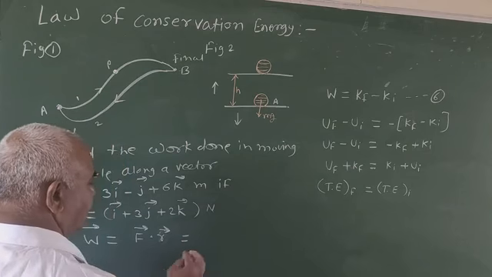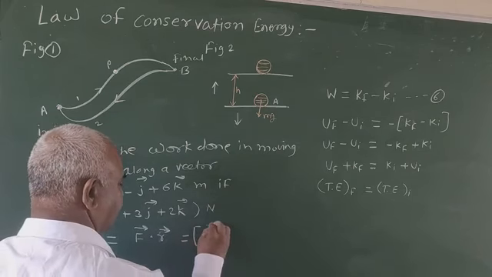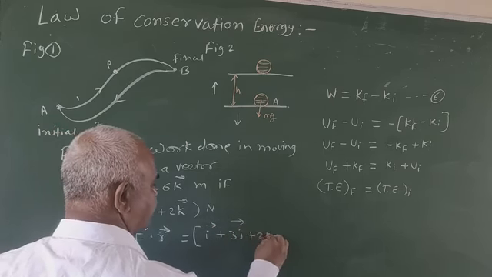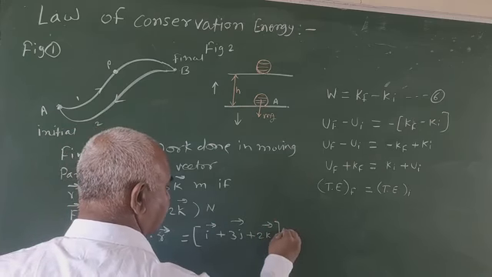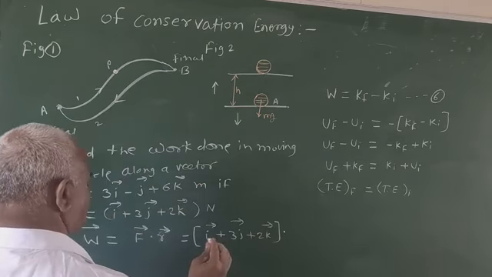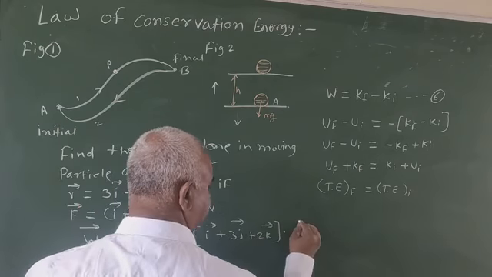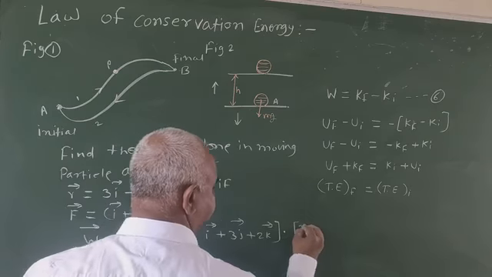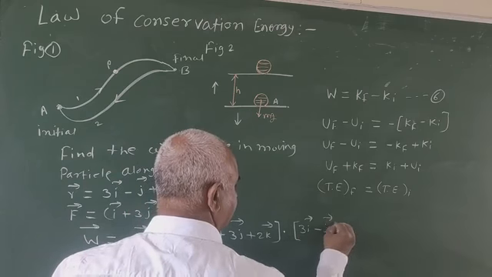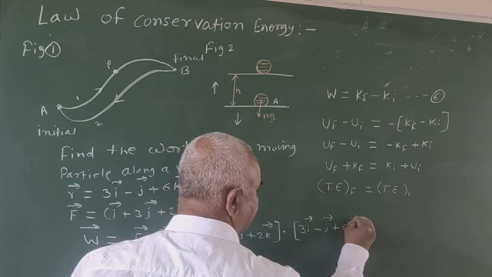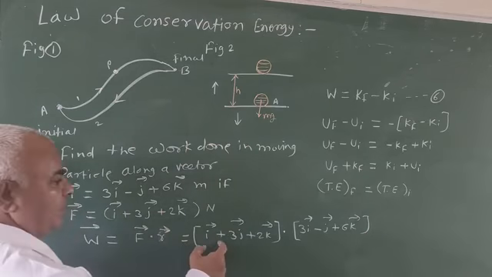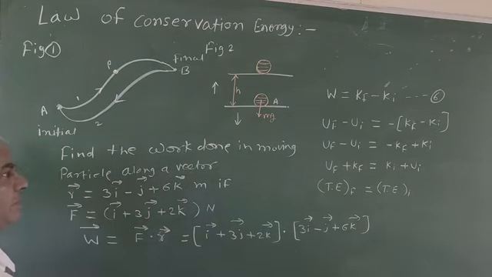Putting the value of F bar, i bar plus 3j bar plus 2k bar dot with r bar, 3i bar minus j bar plus 6k bar. Now here we have to calculate the dot product.